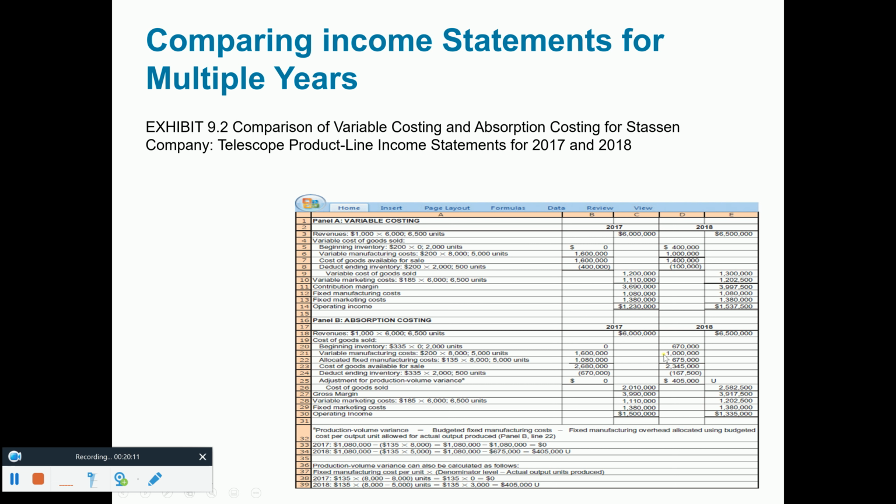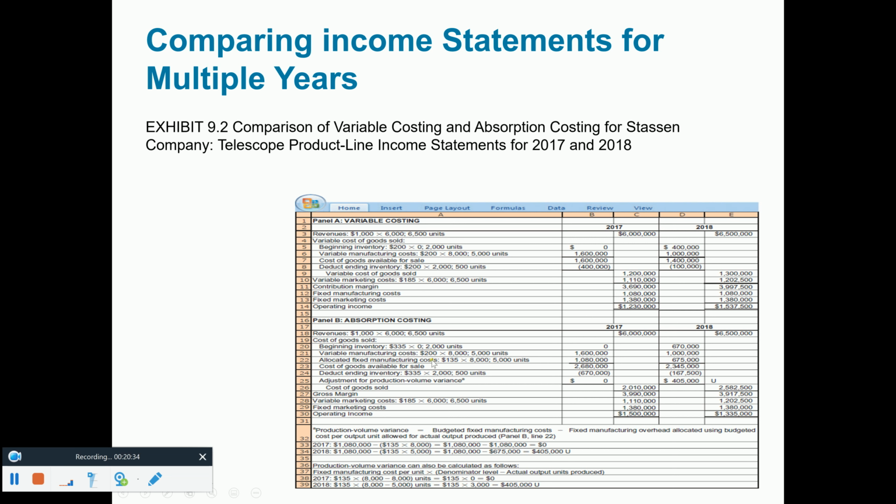Beginning inventory plus additional cost, variable manufacturing, and fixed costs per unit. We add that all up. We get cost of goods available for sale, $2,345,000. And we will subtract out our ending inventory. Remember, our ending inventory is $335 per unit.